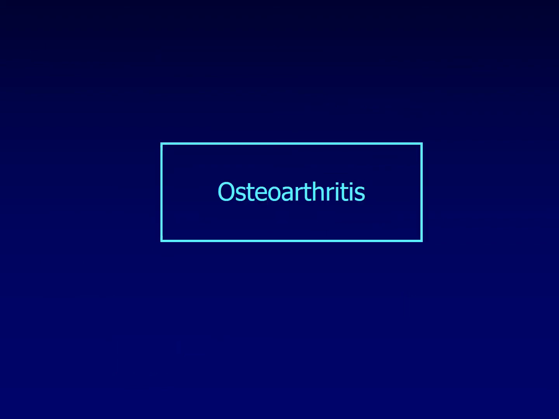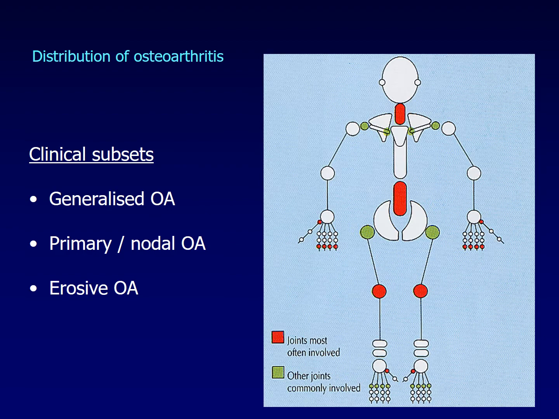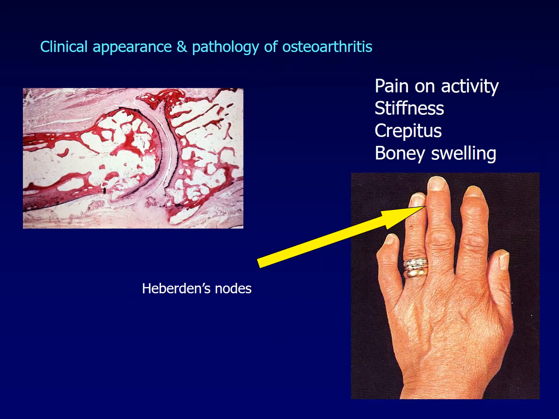This is generalized osteoarthritis, where the most commonly affected joint is the knee, with pain on activity, stiffness, crepitus, and bony swelling. This nodule is called Heberden's node, seen in osteoarthritis.